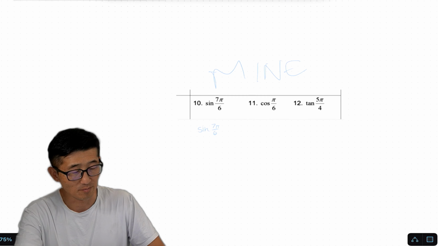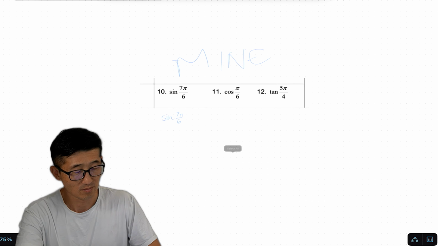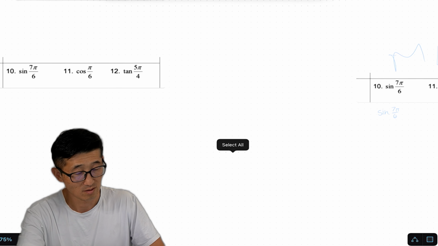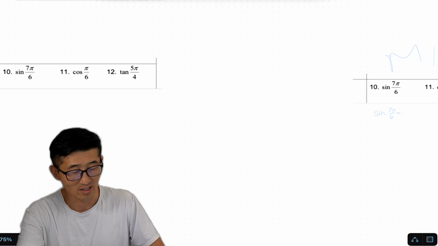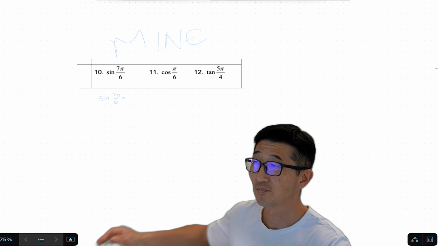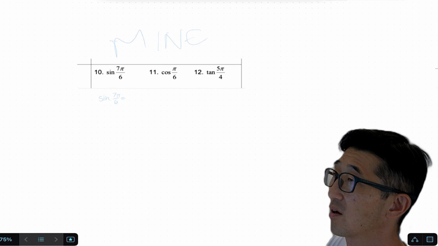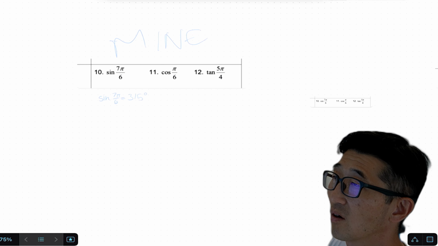So let me explain. Wait. No, I'm not going to wait. What? I just realized this is actually on the circle. Oh, now you realize that? Isn't this on 315? No, that one's not 315. That one is 210.